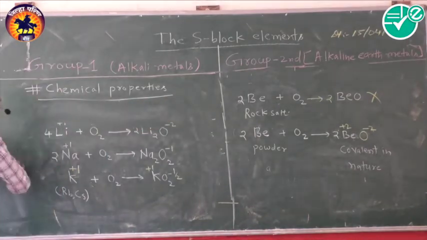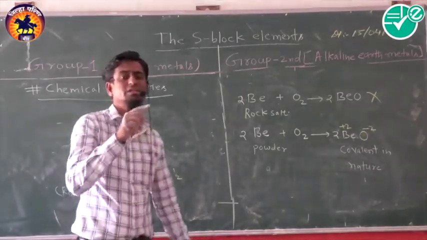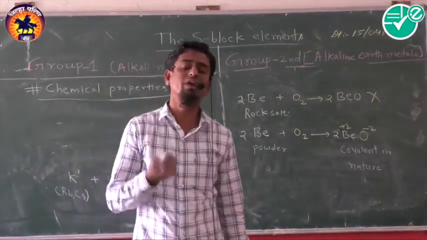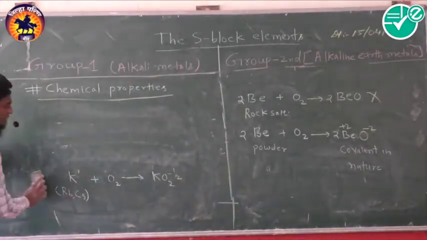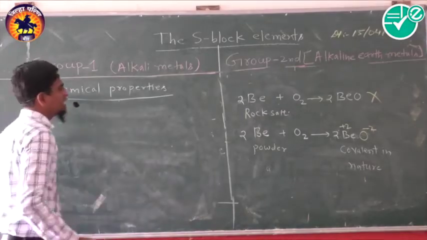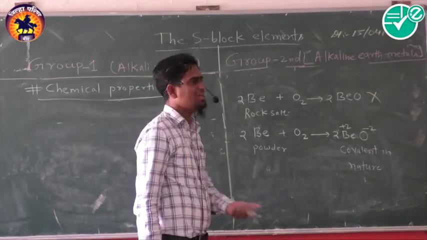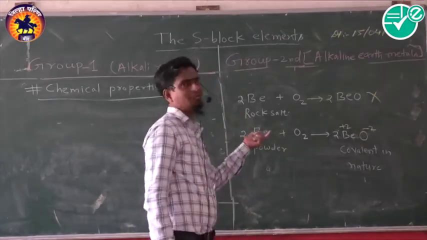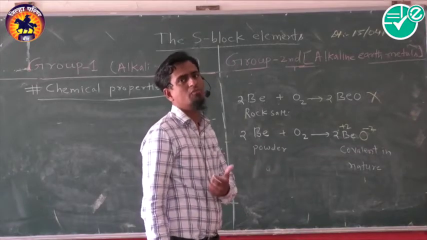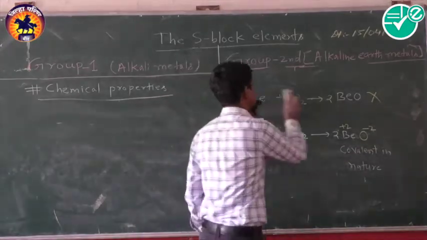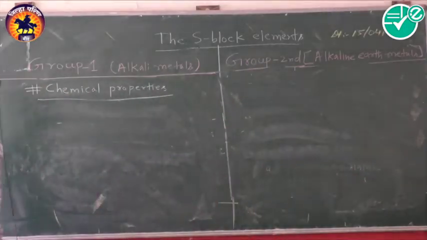Someone may ask, sir, you are showing the reaction with oxygen and not the reaction with nitrogen. It will come after some time. You wait, because there are some anomalous properties shown by beryllium and lithium. In that case, you will observe that they form nitrides, whereas other elements of that particular group do not form nitrides.